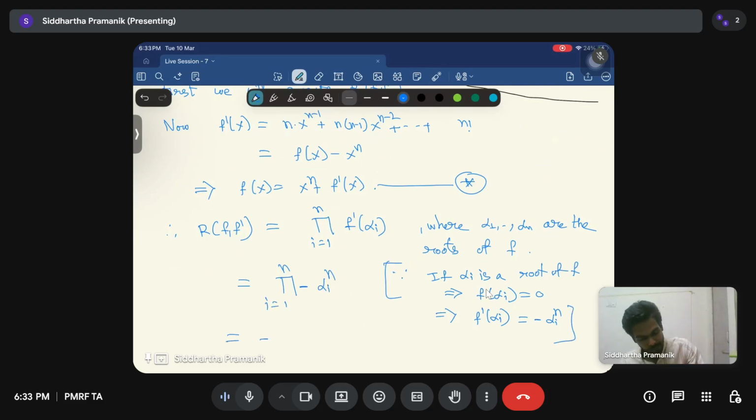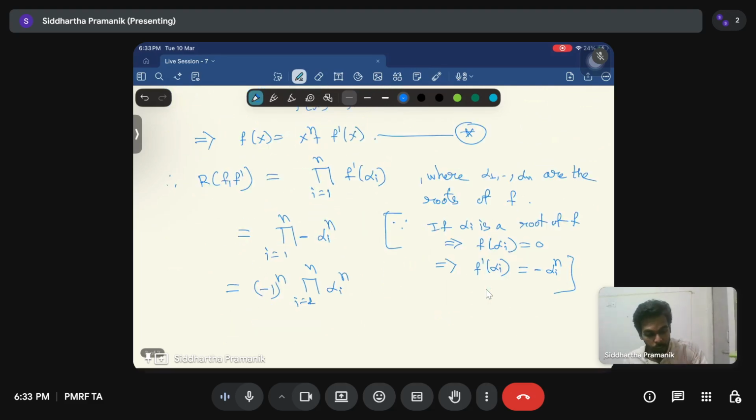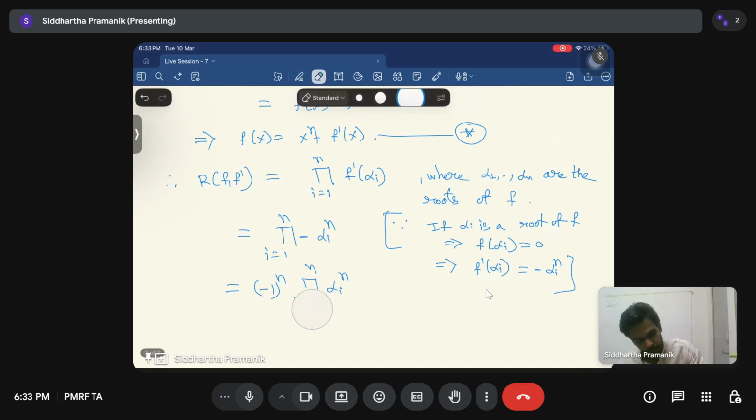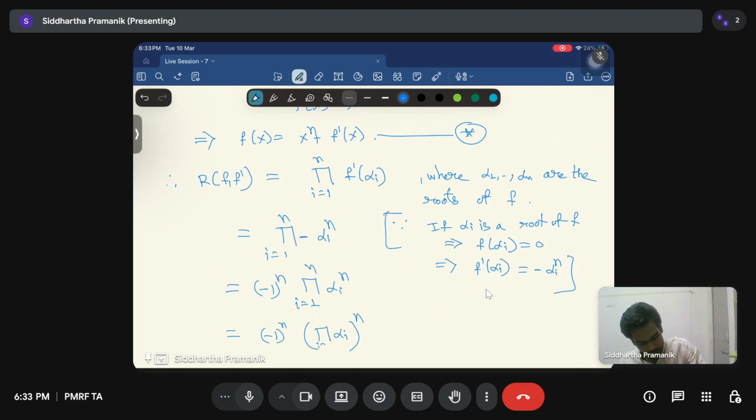We can take minus 1 power n out, and this is the product of alpha I power n, where I is from 1 to n. Now alpha I are the roots of the polynomial, so we can write this as minus 1 power n times the product of alpha I, whole power n.